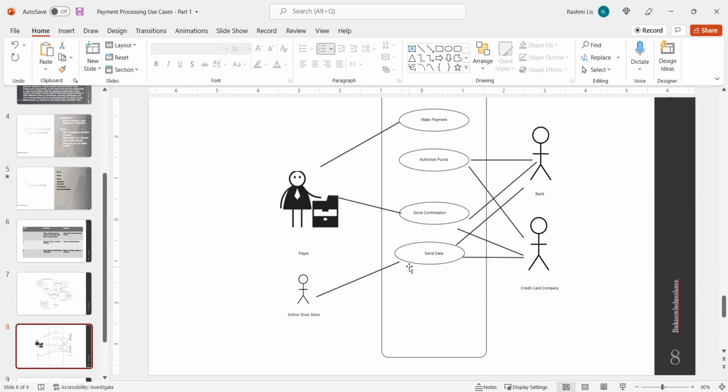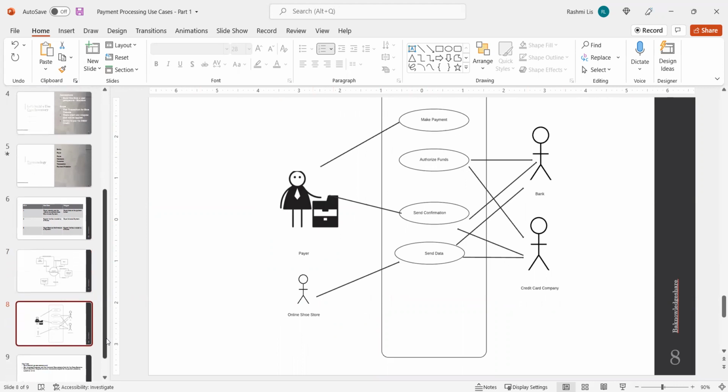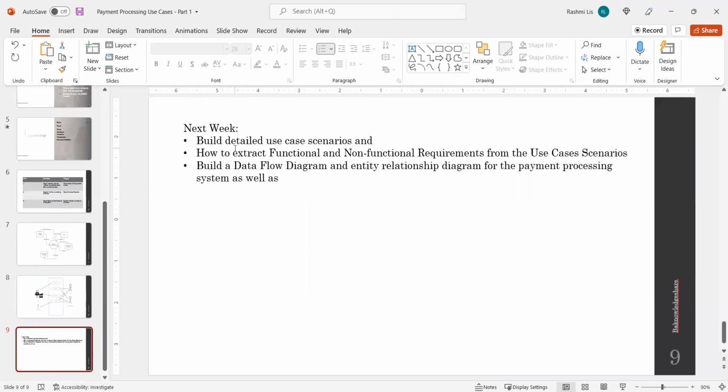This will now help you build out your use case scenarios, which we will be working through in our next video, as well as subsequent videos on how to extract functional and non-functional requirements from the use case scenarios, as well as building a data flow diagram and entity relationship diagram for the payment processing system. So look forward to the future videos on building out requirements using use case diagrams, as well as building out the technical aspects of your project.